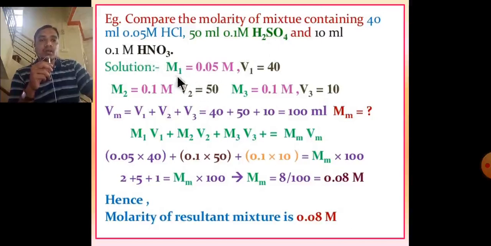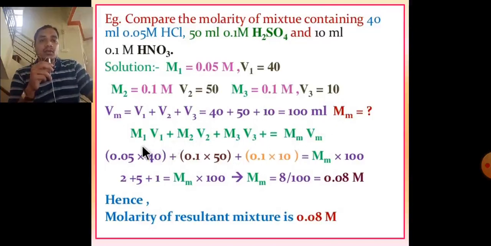Similarly, m1 is 0.05 molar and the volume is given: v1 is 40, m2 is 0.1, v2 is 50, m3 is equal to 0.1, and v3 is equal to 10. That is, vm is equal to v1 plus v2 plus v3, the combined mixture, which gives vm equal to 100 ml.